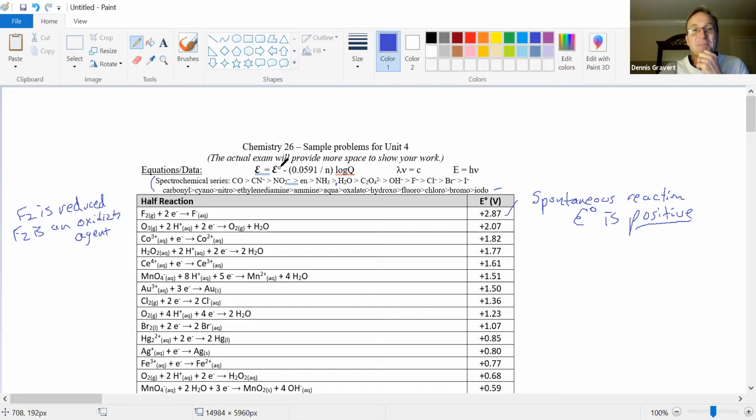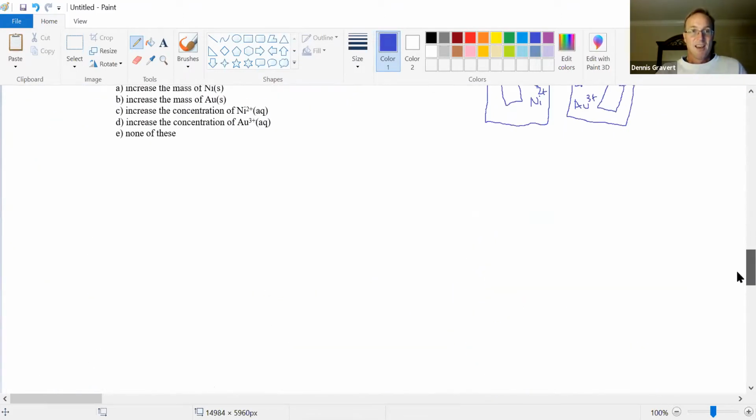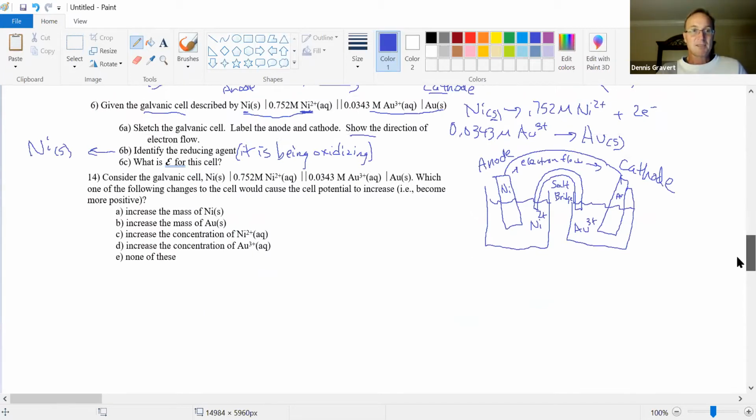So you get the standard potential, subtract from it, gosh, what is that constant called? Faraday constant? No, I can't remember that. Divided by the number of electrons times the log of the Q. Remember Q from equilibrium? The reaction quotient, it's products divided by reactants. So that's the equation we need to use now. You don't have to have it memorized.